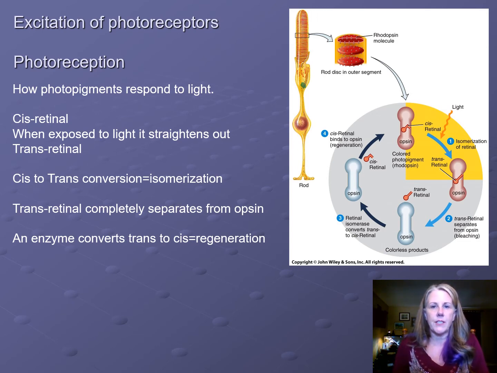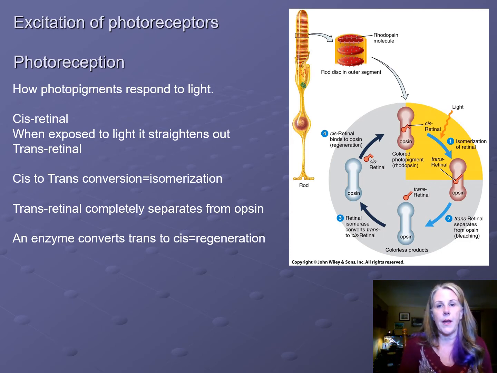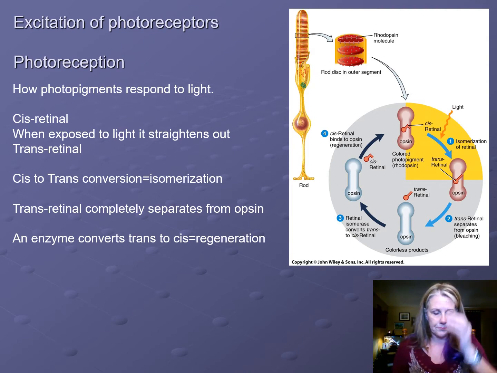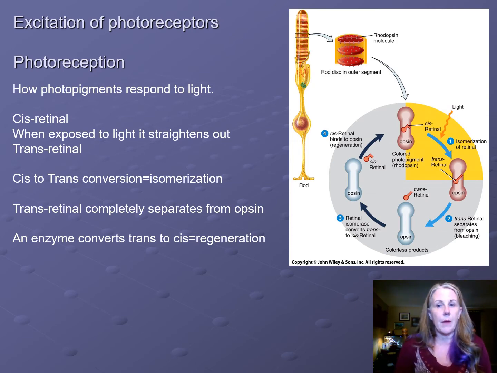Then we have to have transduction of the stimulus. Transduction of the stimulus means we have to have some sort of conversion, right? Because light rays aren't going to get to our brain, but nerve impulses are. So in transduction of the stimulus, you're going to do a conversion of the energy in light, in this case, into a local potential. Now we're going to start talking about how that happens.